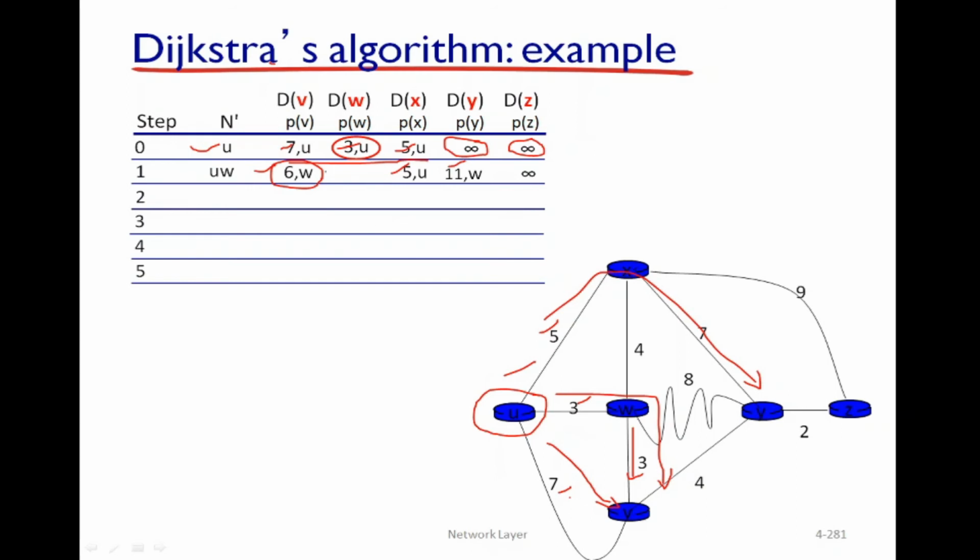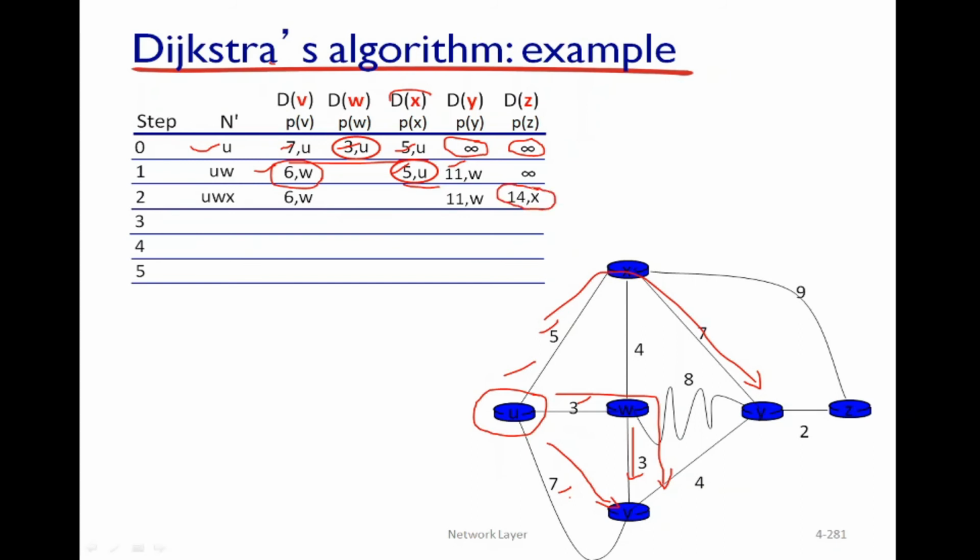Considering these three nodes v, x and y, the minimum cost is 5 to node x. We consider that node in the next iteration. Then we have the cost for each link.